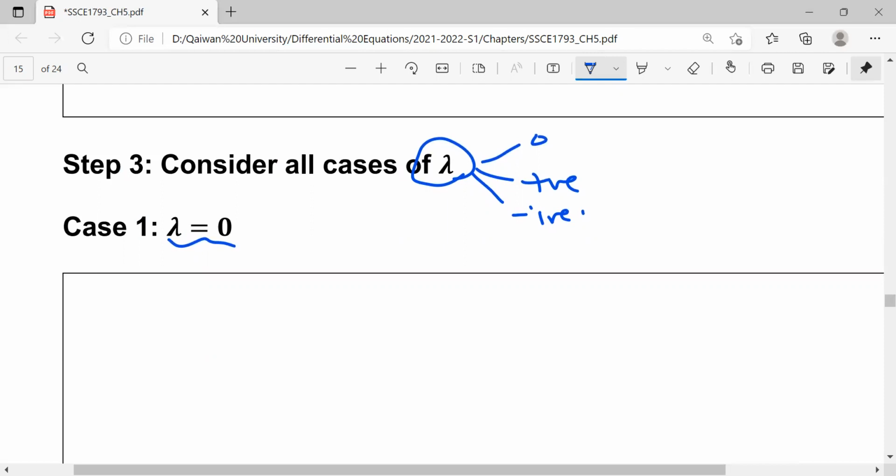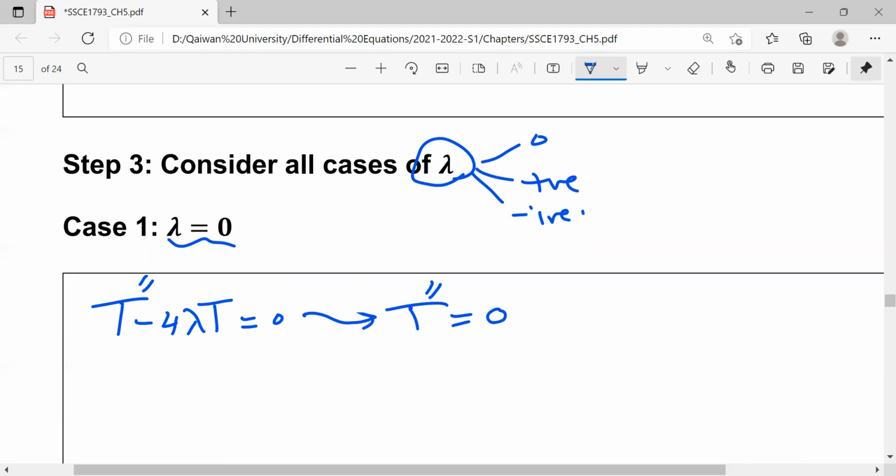Here, for lambda to be 0, we have the ordinary differential equations. One of them is T double prime minus 4 lambda T equals 0. So if lambda to be 0, we get T double prime equals 0.